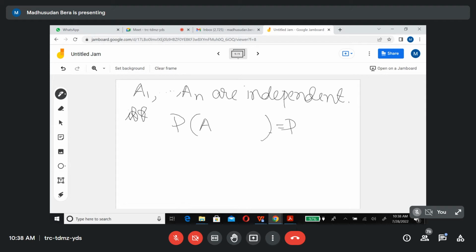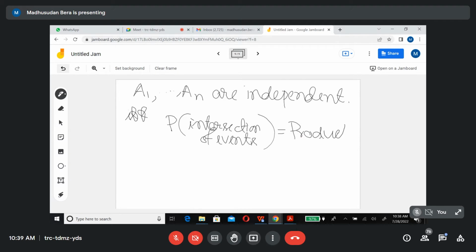So I am writing it that way: the probability of the intersection of different events is equal to the product of their individual probabilities.